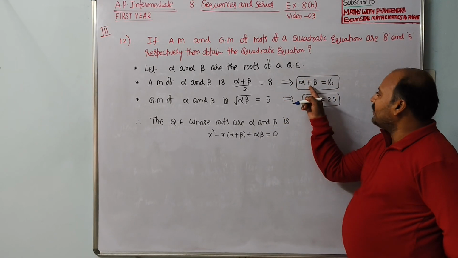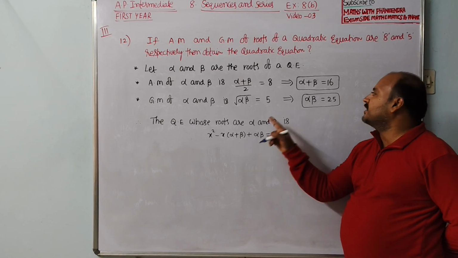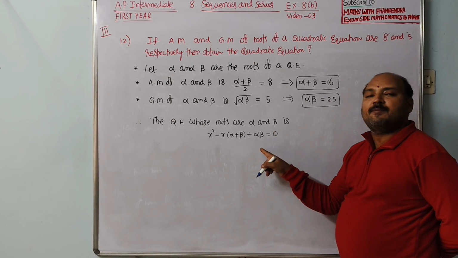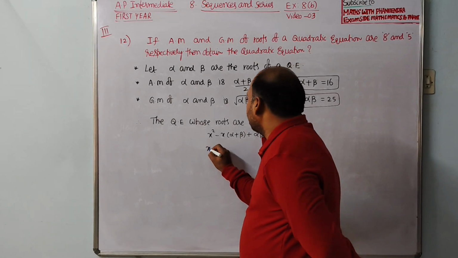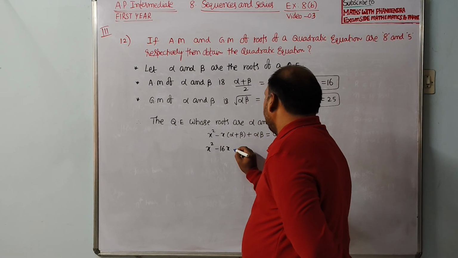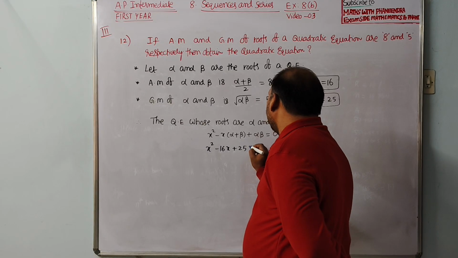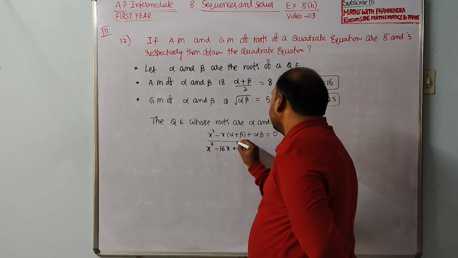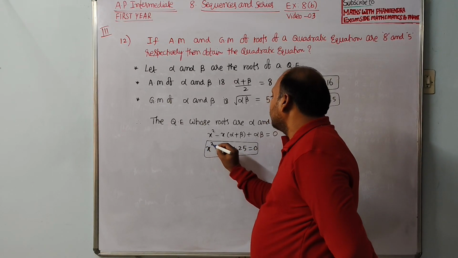So wherever alpha plus beta is there, replace with 16, alpha beta is there, replace with 25. So x square minus 16x plus 25 is equal to 0, which is the required quadratic equation.